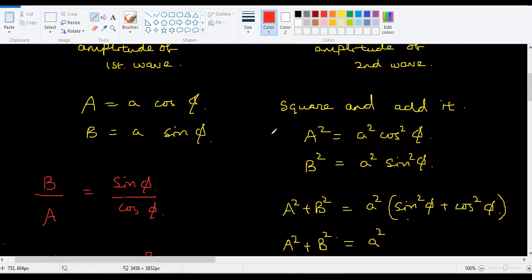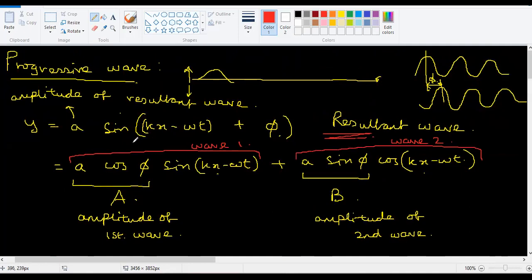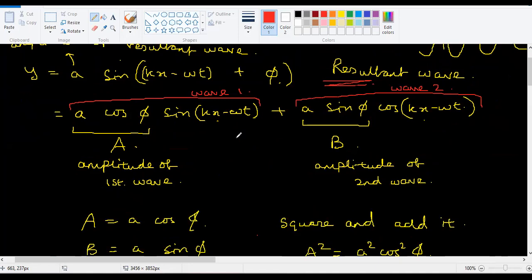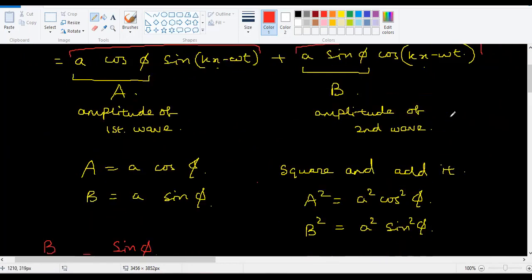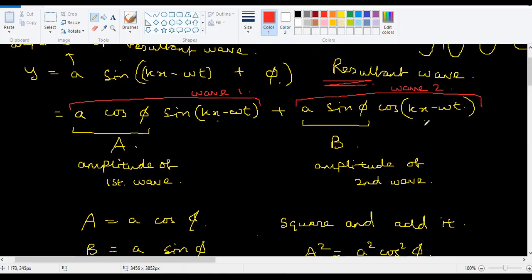Okay, the next topic is this, for a progressive wave. Two different waves coming together. This is something like a linear combination of sine and cosine, because one wave is in sine and another wave is written in terms of cosine.